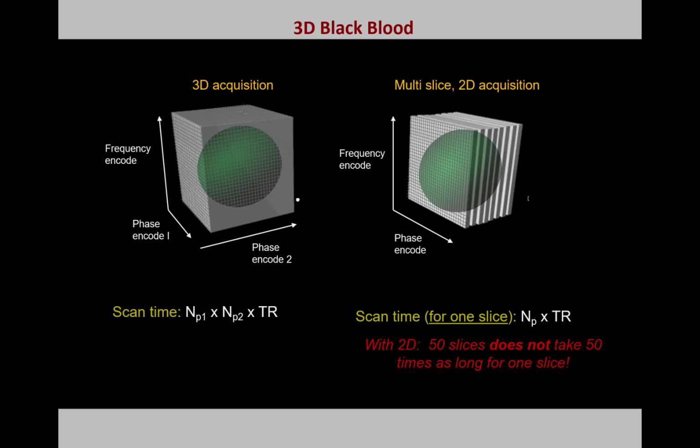And unlike the 2D acquisition, there is no escaping that. If you have 50 slices, or strictly 50 pixels in the second phase encode direction, then with the 3D acquisition, you pay directly in time for each of those slices.